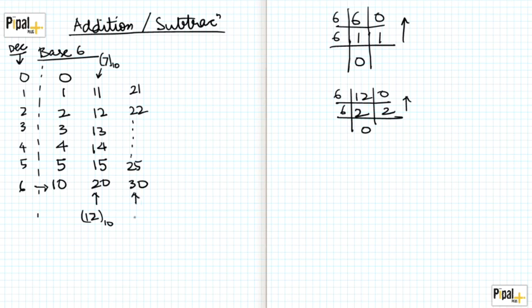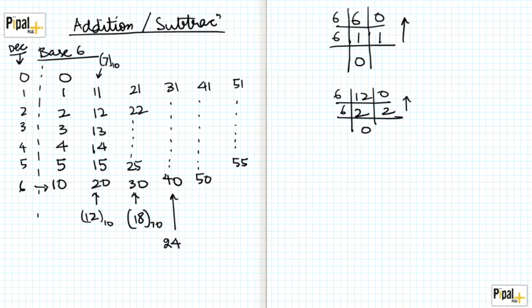So this is 18 of decimal, and 31 and so on until 40, then 41, right, until 50 and 51 and so on until 55, right? Now this number is 24, this number is 30.